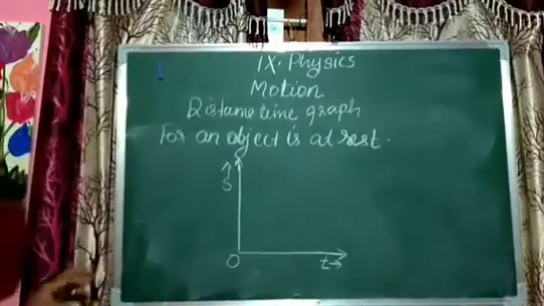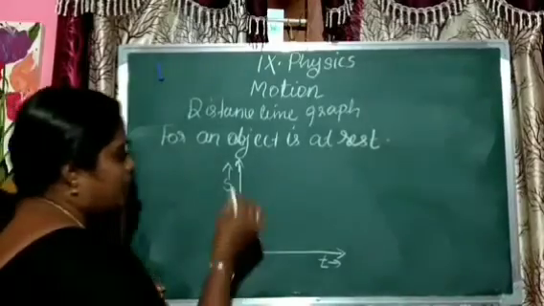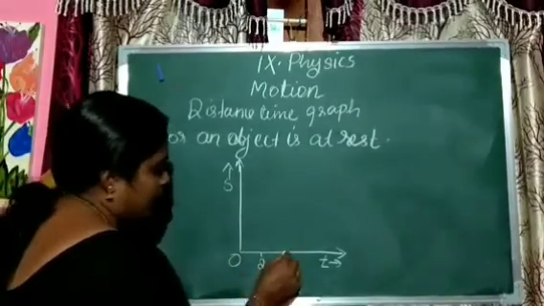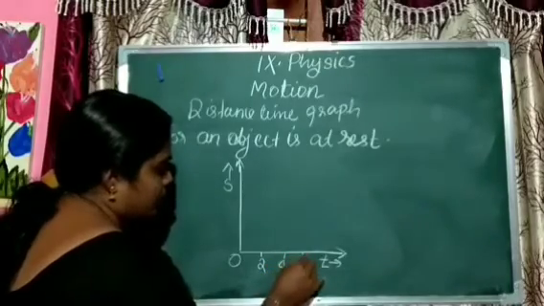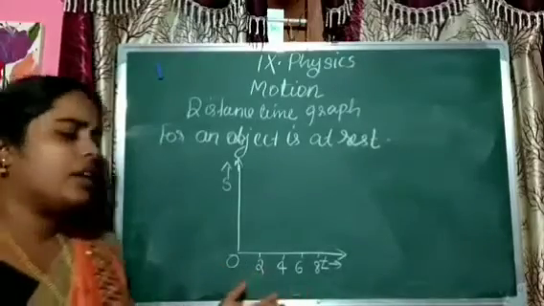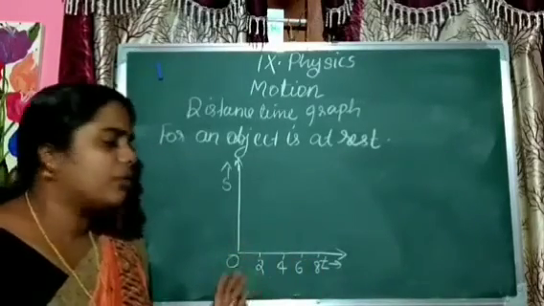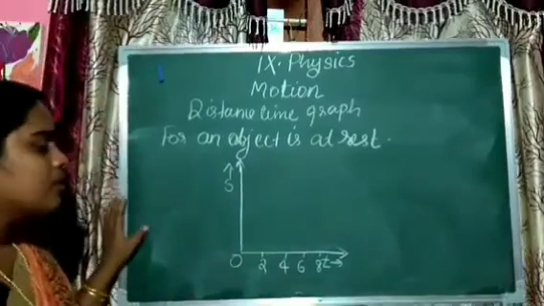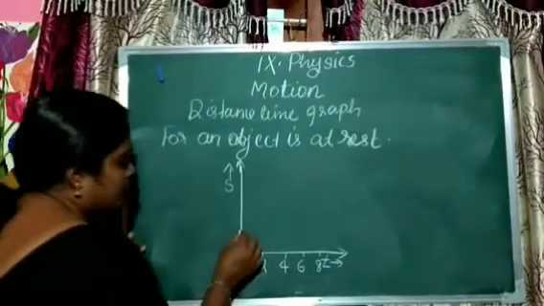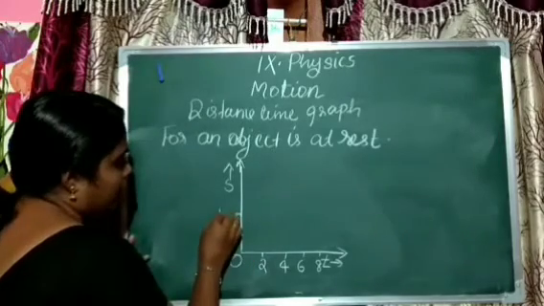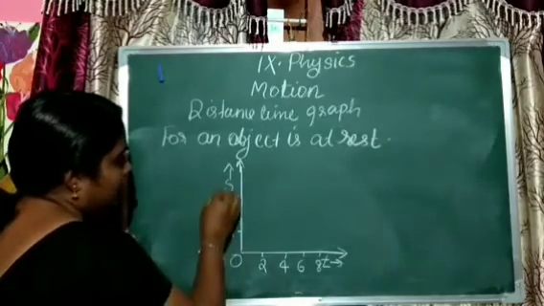We know that if an object is at rest, listen, this is 2 seconds, 4 seconds, 6 seconds, 8 seconds, or instead of this you can write any time interval: 1, 2, 3, 4 or 5, 10, 15, or any time interval. Then let us consider the distance is 10 meters, again 20, again 30.